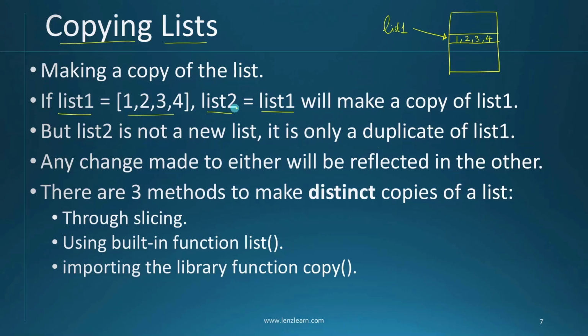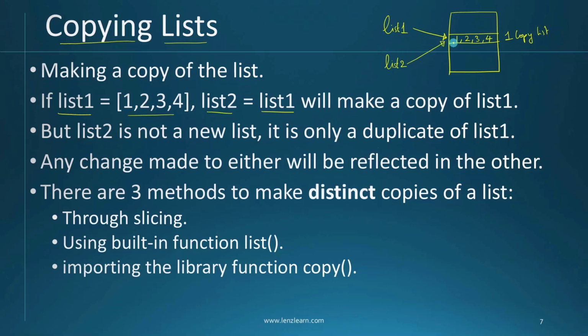Now if I write list 2 equal to list 1, what is happening? I'm not actually copying this entire content inside memory to another memory unit. I'm just creating another variable list 2, and list 2 is pointing to the same location. So here you see that we have only one copy of the list in memory, even though we have two variables pointing to it.